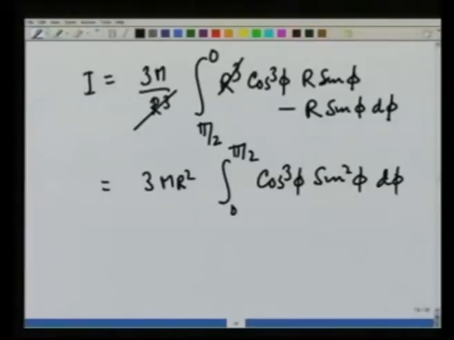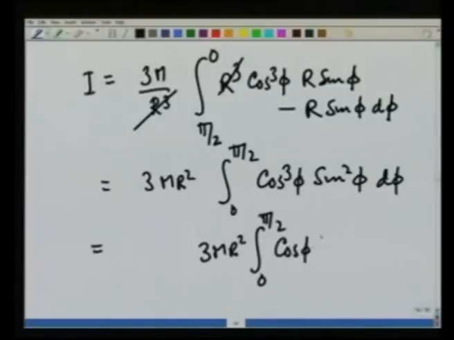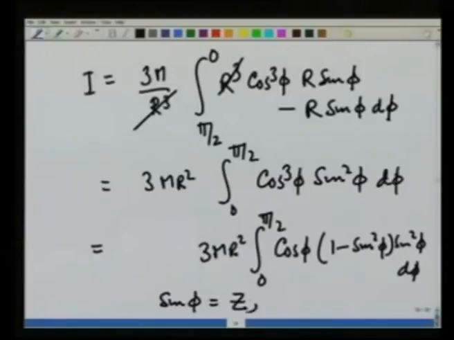To evaluate this integral, let me write this in a particular way: 3 m R square integral 0 to pi by 2 cosine phi, cosine square phi will be left, which I will write as 1 minus sine square phi, sine square phi d phi, and let sin phi be equal to z, so that cosine phi d phi is dz, and limits are going to be from 0 to 1.